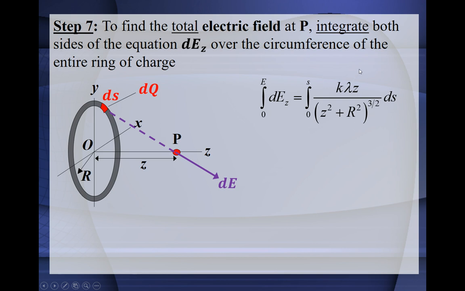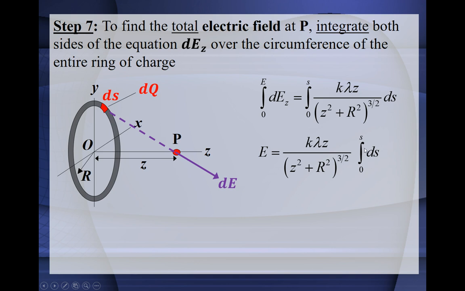So all of this can be pulled out of the integral. That gives you E equals K lambda z divided by z squared plus R squared, all to the power of 3 halves, and then we integrate from 0 to s of ds.